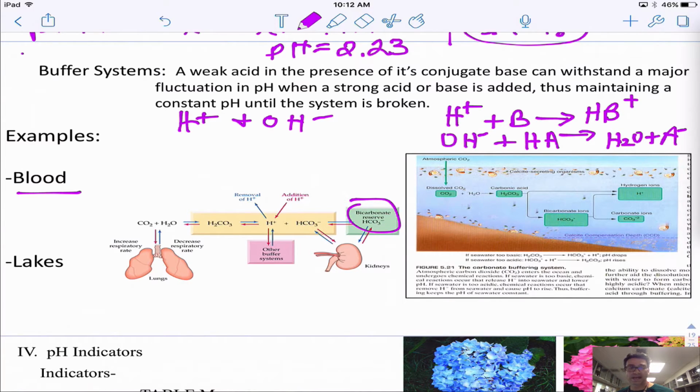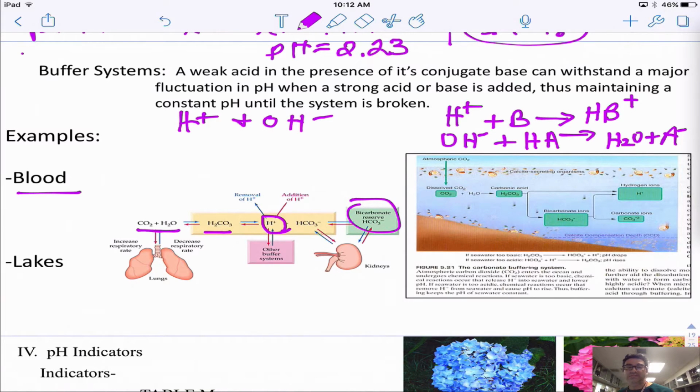The bicarbonate ion is able to react with any H plus that may enter the bloodstream and form another acid that is much weaker than the H plus itself. This H2CO3 then can break down into CO2.